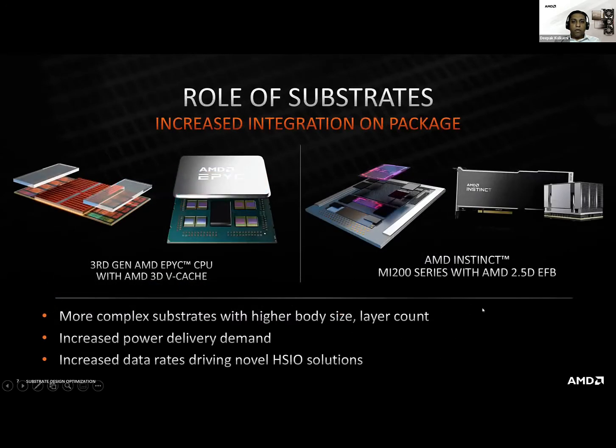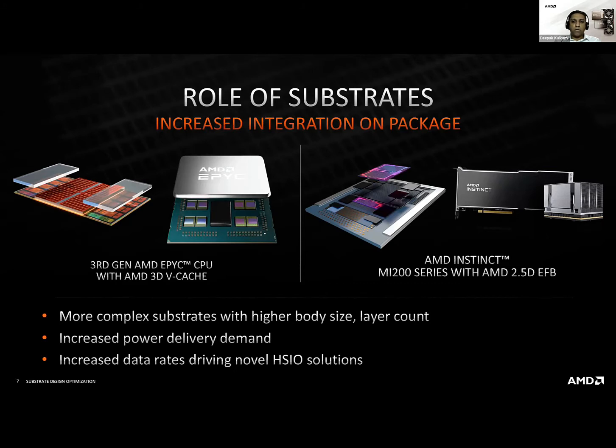Now, in terms of substrates and the role they play in this key architecture change, as we implement solutions like 3D die stacking or 2.5D elevated fan-out bridge, you see that these packages are becoming more and more complex. From a substrate perspective, we need to accommodate higher body size, higher layer count packages.